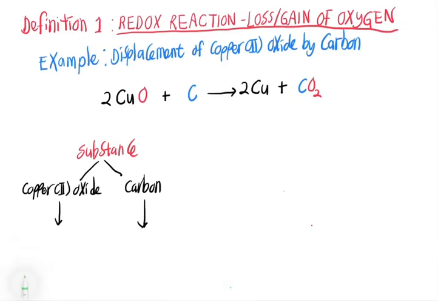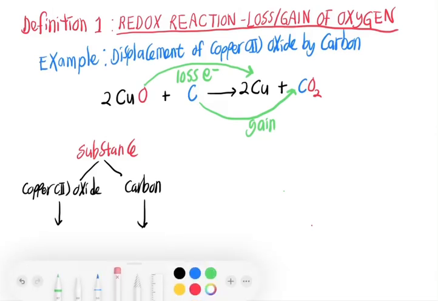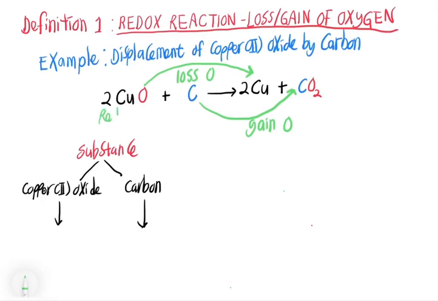So we can say that copper(II) oxide loses oxygen, and carbon gains oxygen. Since copper(II) oxide loses oxygen, copper(II) oxide is said to undergo reduction.